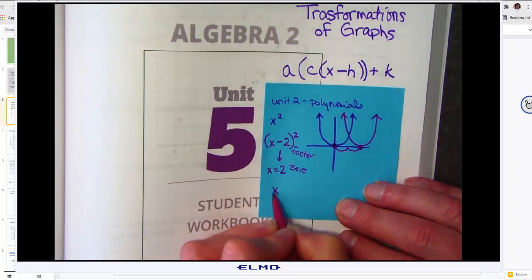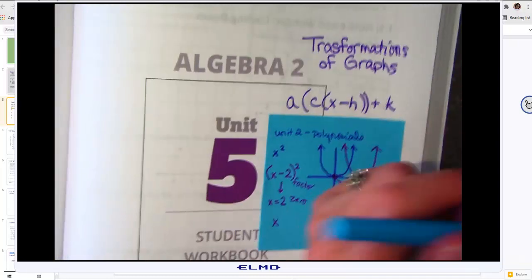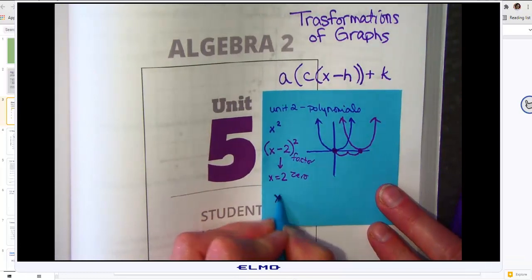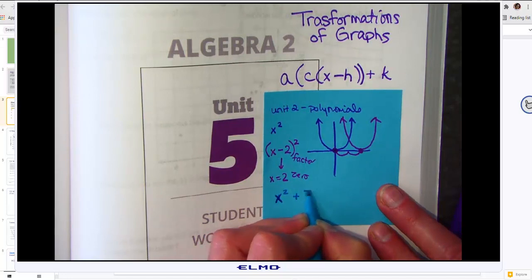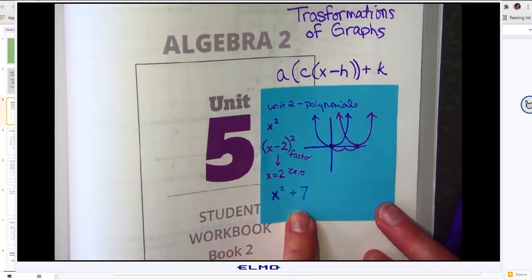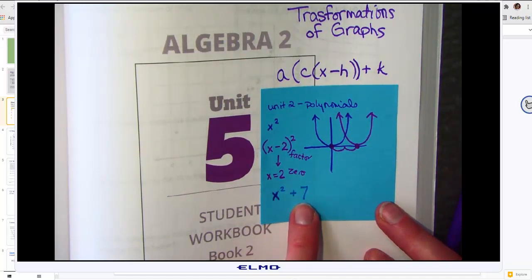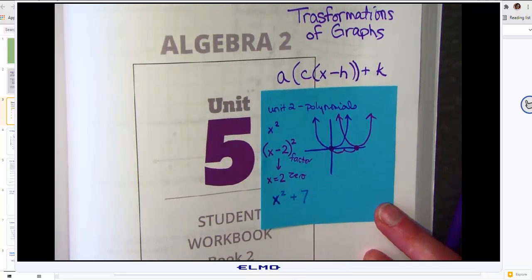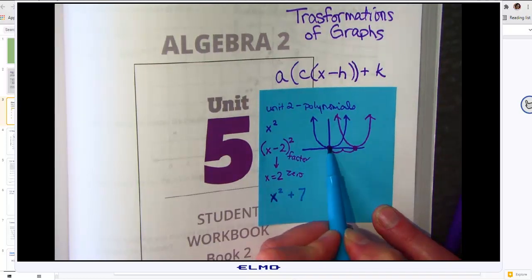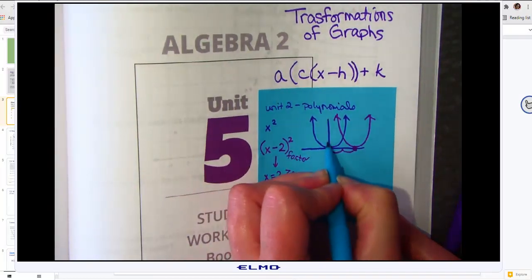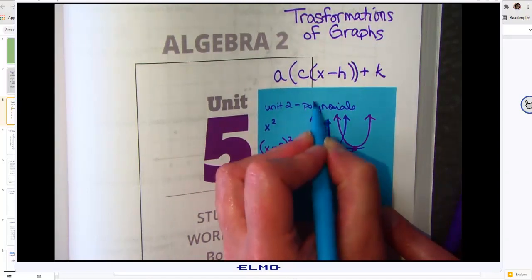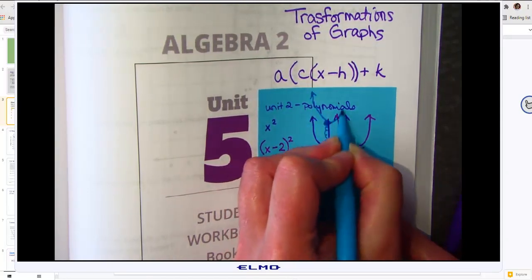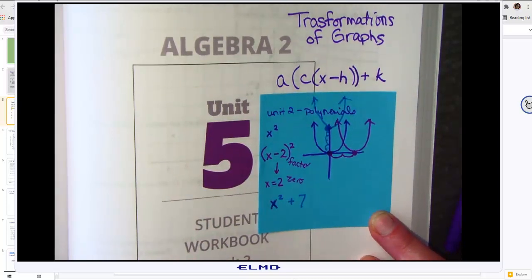Do you remember in our polynomials unit what happened if we changed the constant at the end of a polynomial? Kennedy? Was it like the y-intercept? Nice, it changed that y-intercept. So it took the y-intercept that was here and moved it up 7 units to here. It still kept the same graph shape, it just changed where it was located.